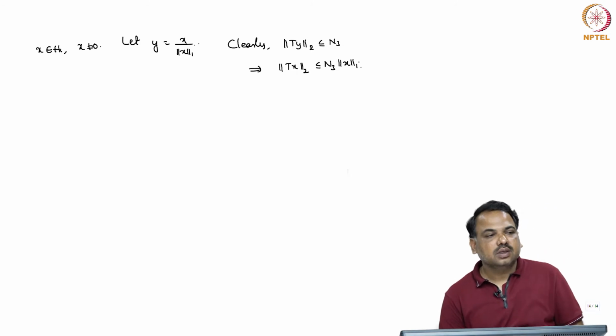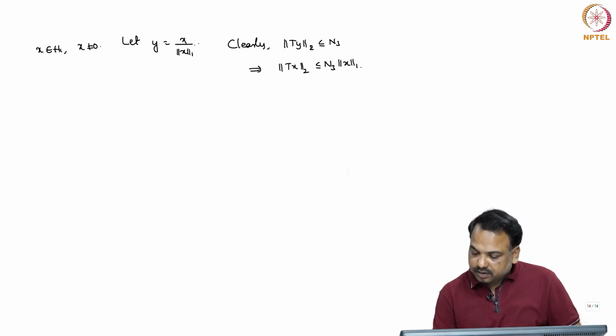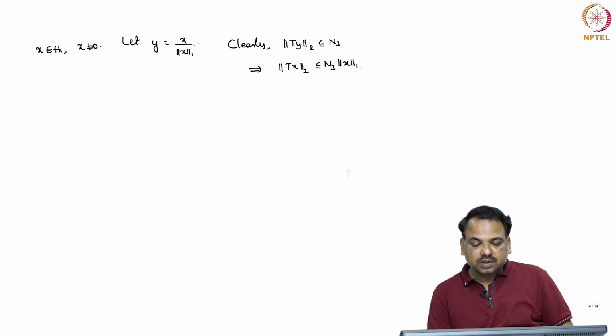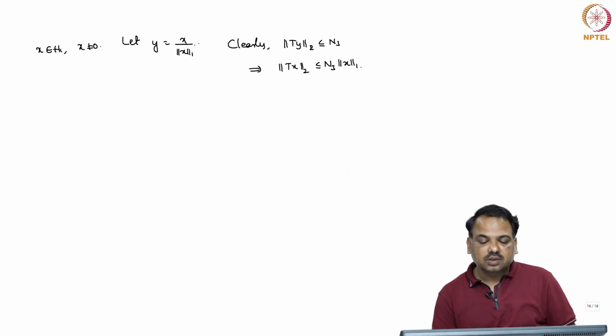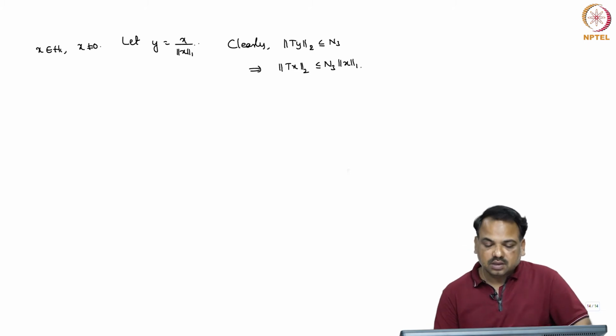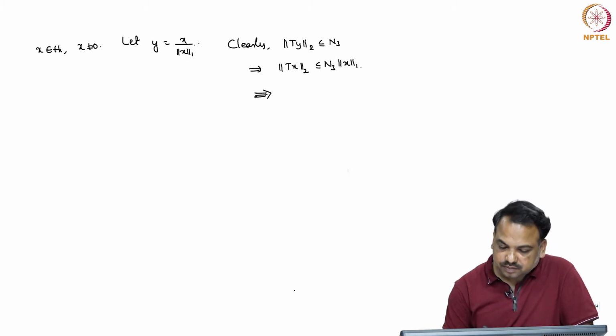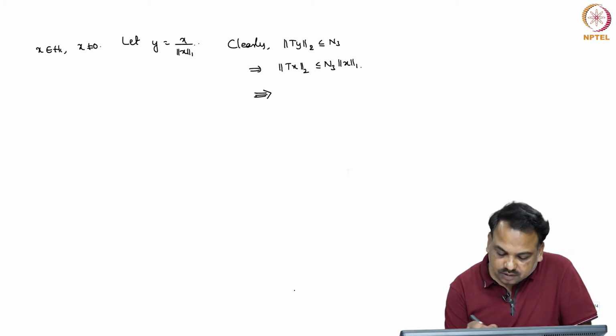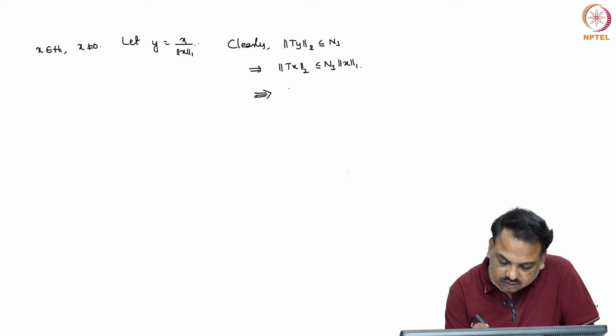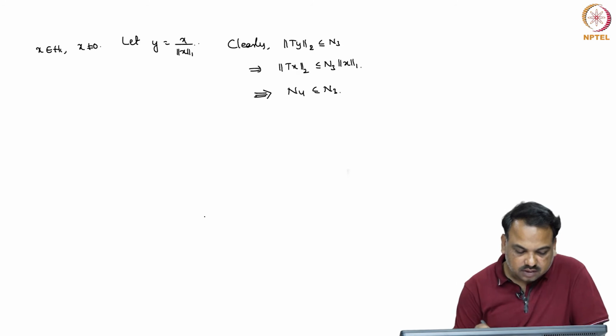N4 is the least number which is strictly positive, satisfying norm Tx is less than or equal to N4 into norm x. N3 also satisfies the same condition from this relation. So by definition of N4 we can conclude that N4 is less than or equal to N3.